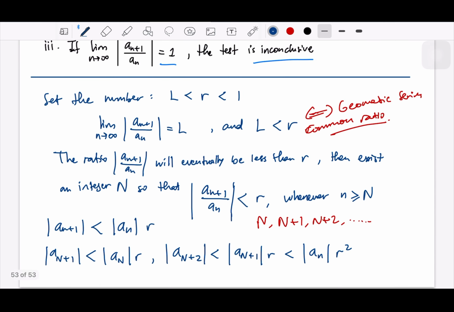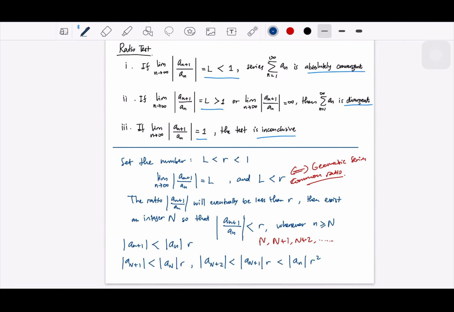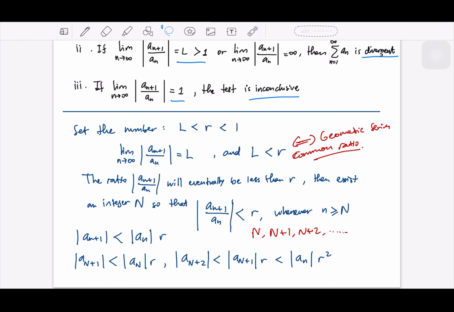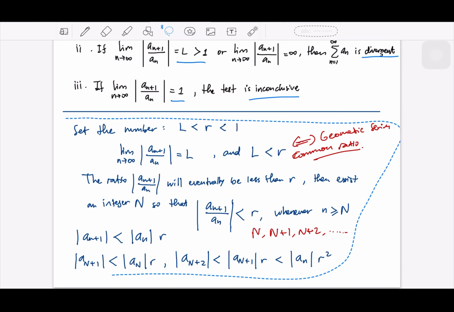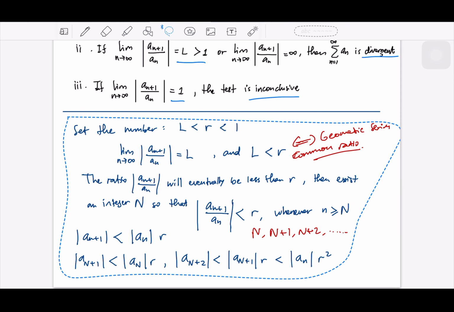If you would like, you can expand more. Maybe I will write in a new page to be clear. Let me copy this here.